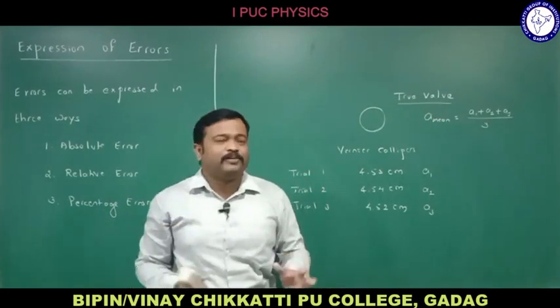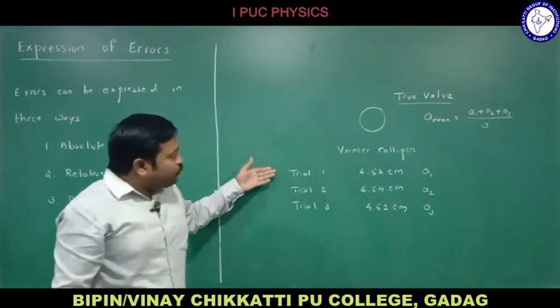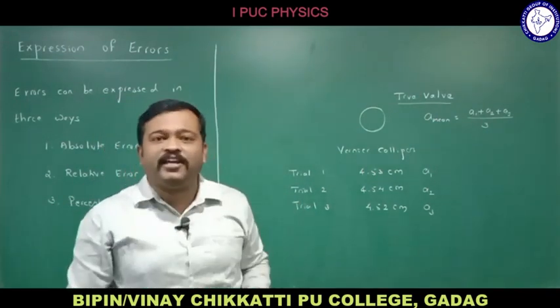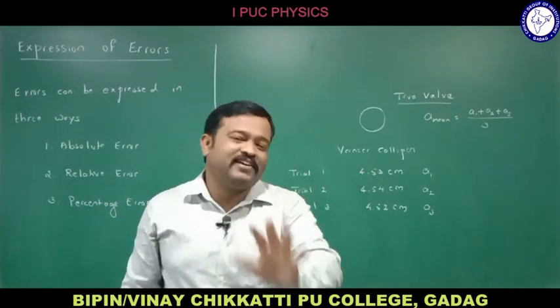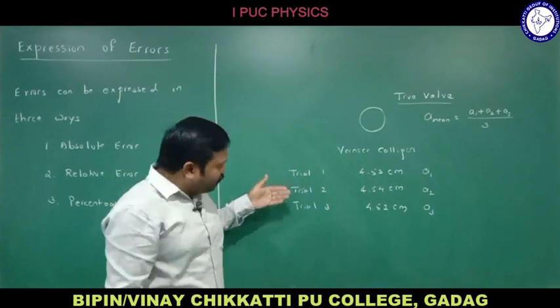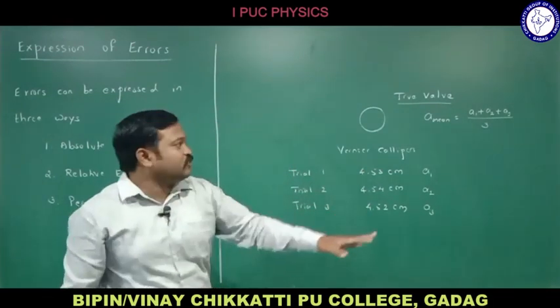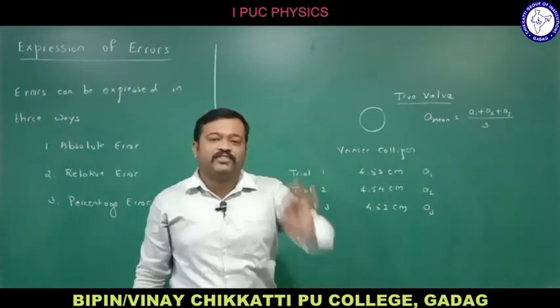There is no other instrument to find the true value of the diameter of the sphere. So one thing we need to understand here is, whenever we measure a physical quantity, we measure it more than one time to reduce the errors. If I do it 3 times and get different readings, I will be taking the mean of it. That mean gives the true value of the diameter of the sphere.